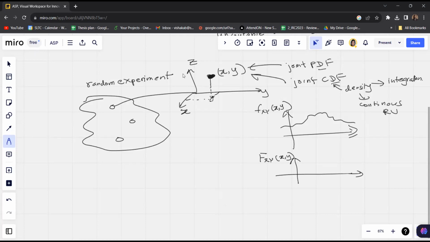So since we have already discussed the joint PDF functions and the joint CDF functions, we have also talked about the marginal PDFs and CDFs. We have talked about the conditional PDFs and CDFs. So with all those definitions, now we will move towards how we can discuss the other statistical properties of multiple random variables.